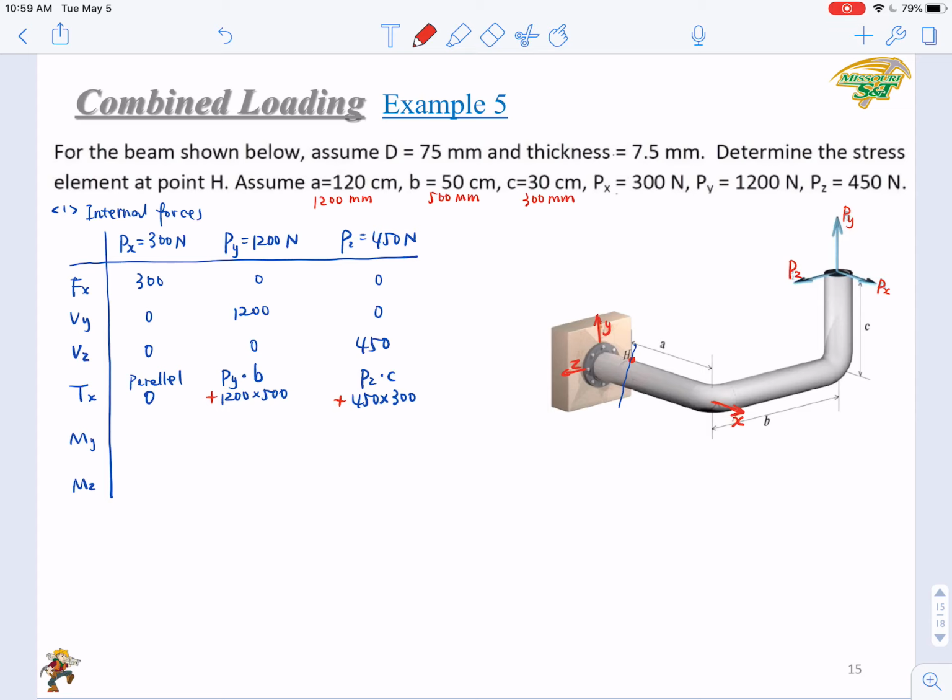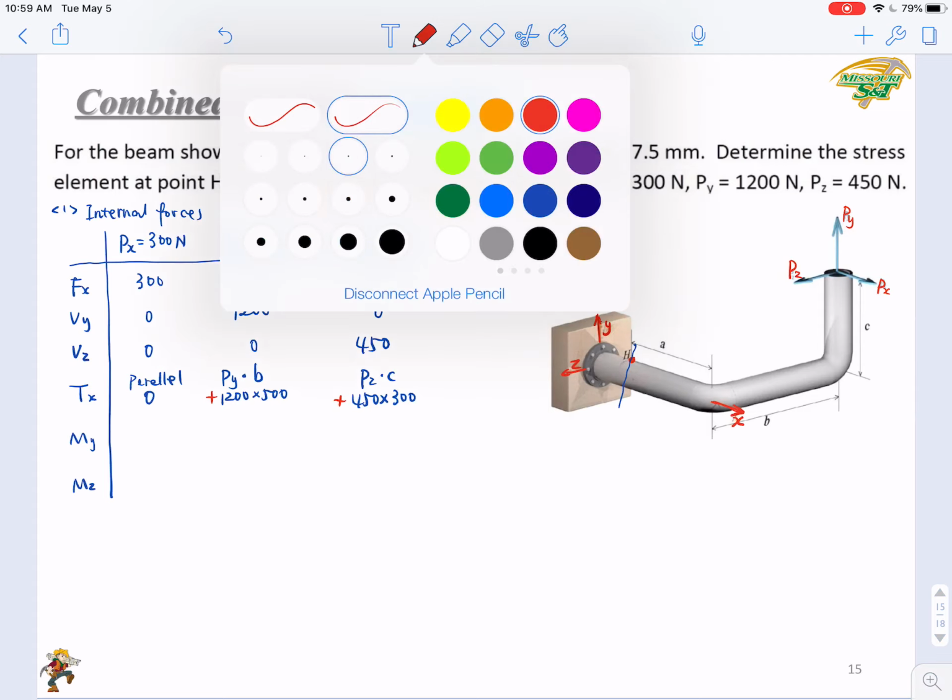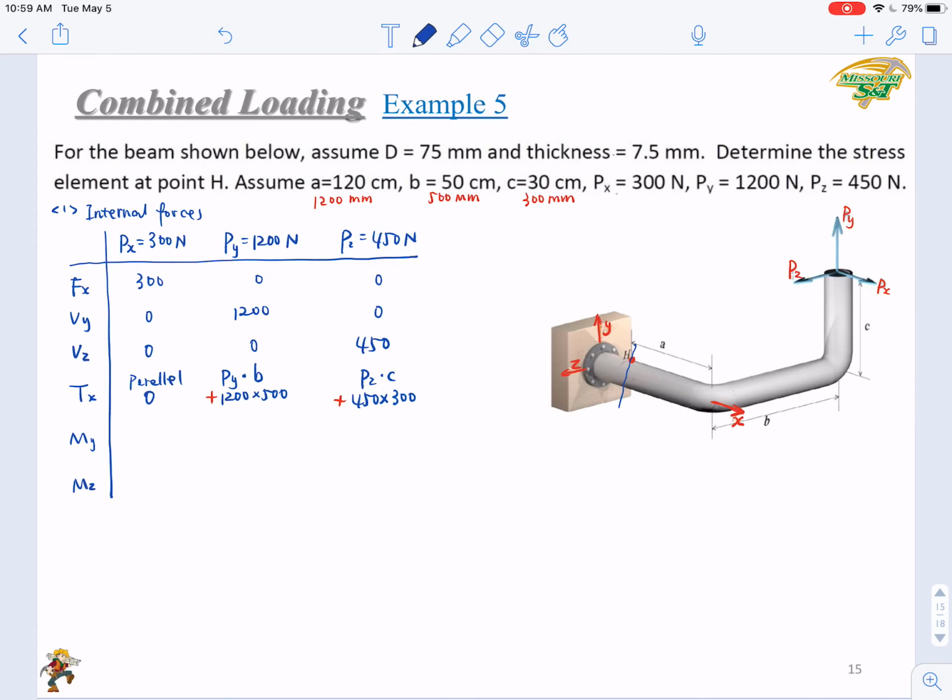Then how about My? Does Px make My? Sure, right. So what is the arm? A, B, or C? It's B, right?